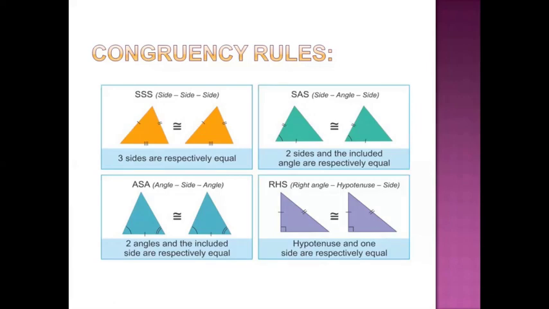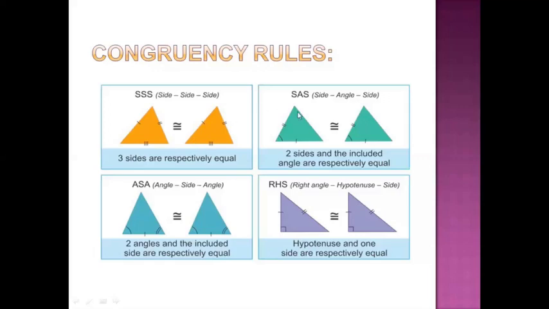For example, if the first side of the first triangle is equal to the first side of the second triangle, and the second side of the first triangle equals the second side of the second triangle, and the third side of the first triangle and the third side of the second triangle are equal, then these two triangles are said to be congruent.